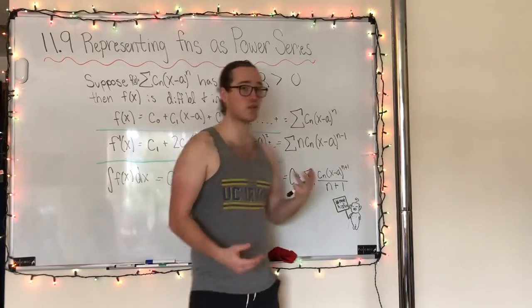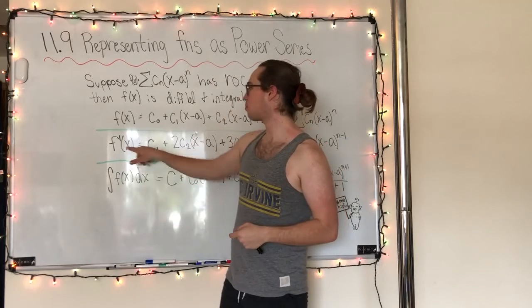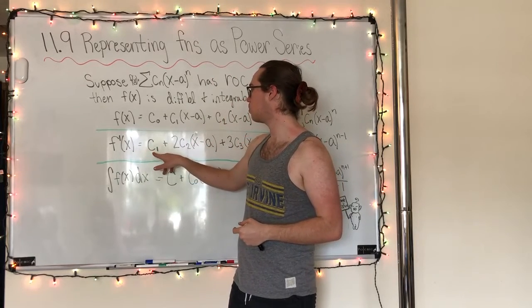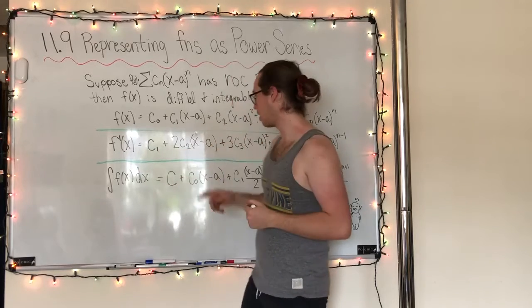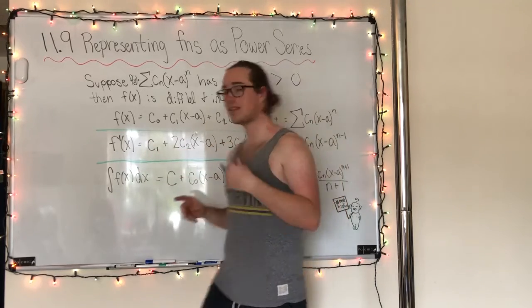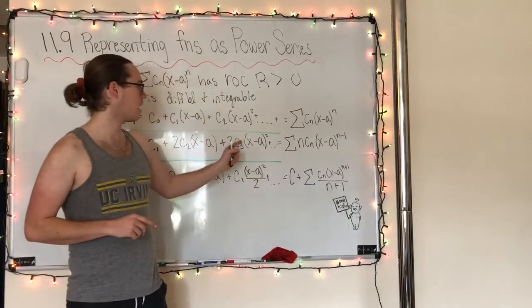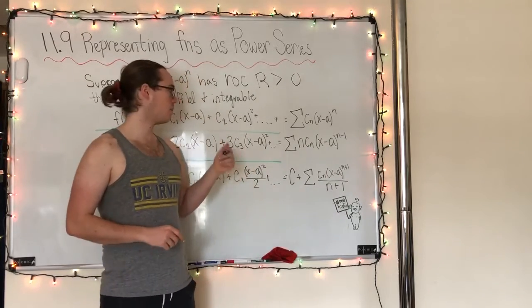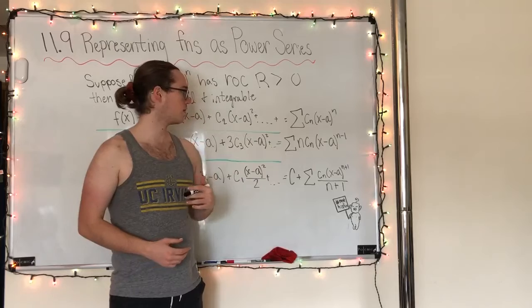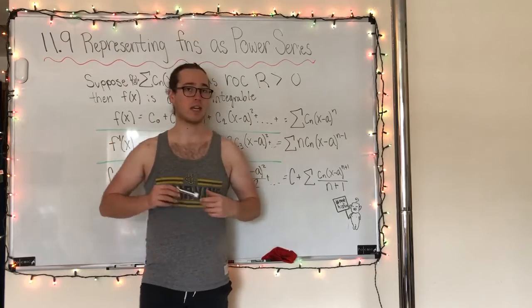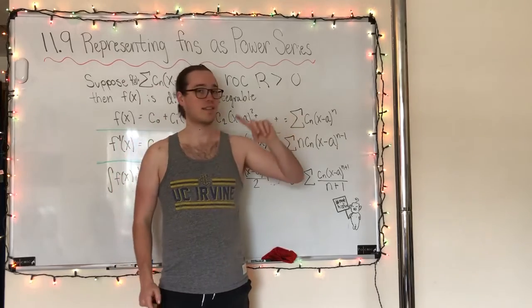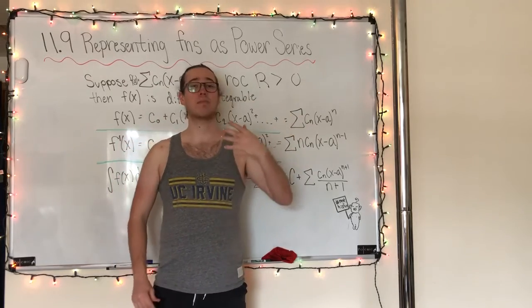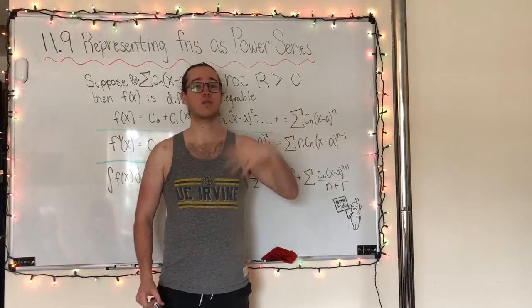Now, if we take the derivative, f prime of x is going to be equal to c1 plus 2 times c2 times x minus a plus 3 times c3 times x minus a squared, and so on and so forth to infinity. Our new power series representation is going to be the sum of n times c sub n times x minus a to the n minus 1.